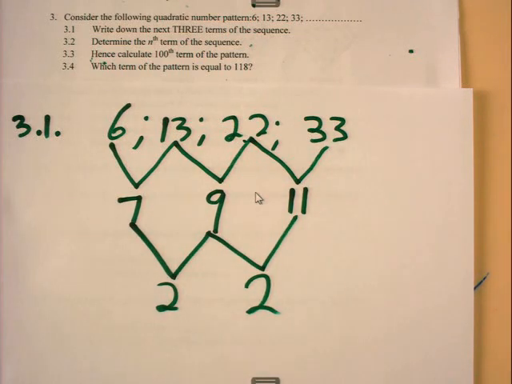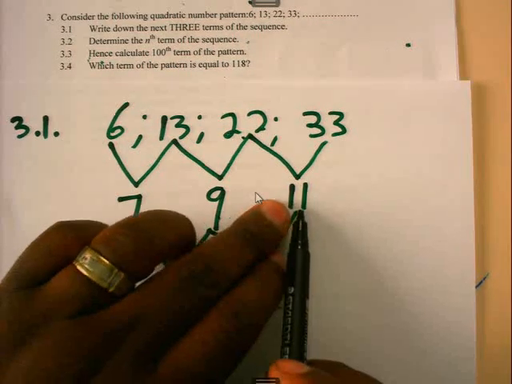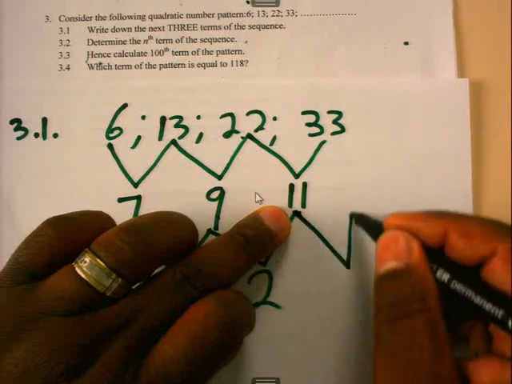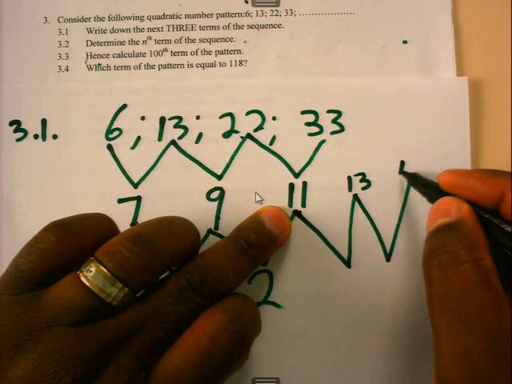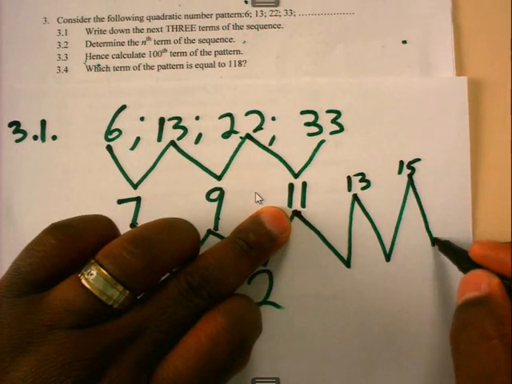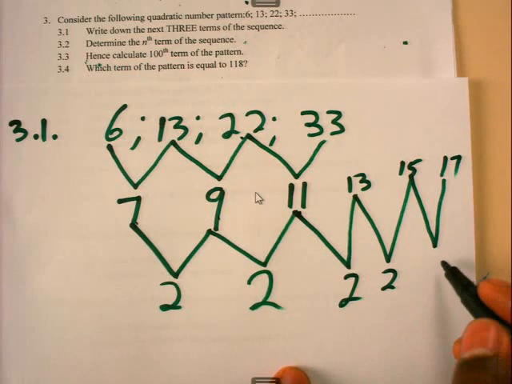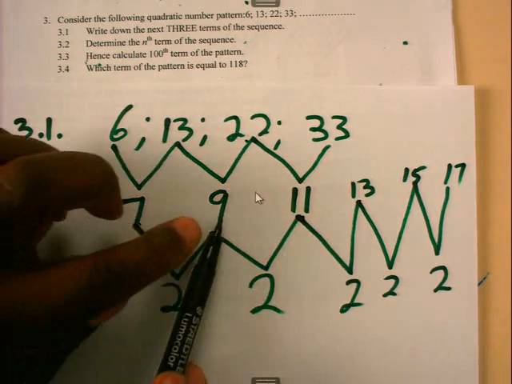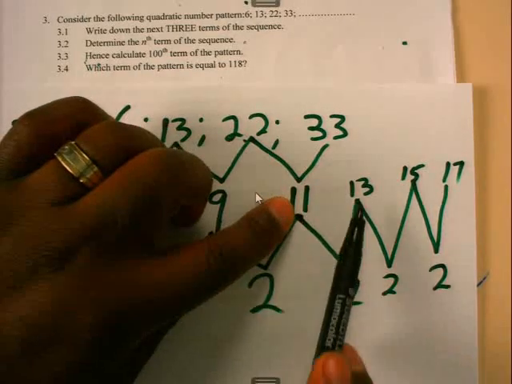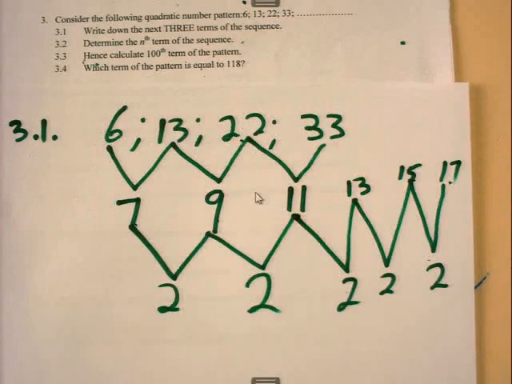So we just keep on adding 2. 7 plus 2 gives you 9, plus 2 gives 11, plus 2 gives 13, plus 2 gives 15, plus 2 gives 17, and so forth, because the second difference is common, which is 2.